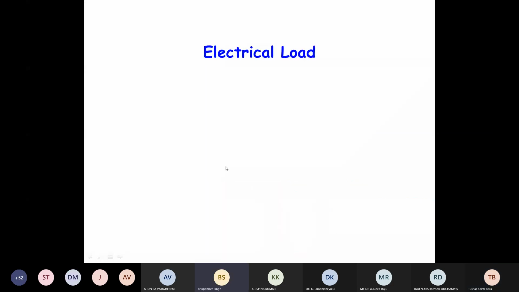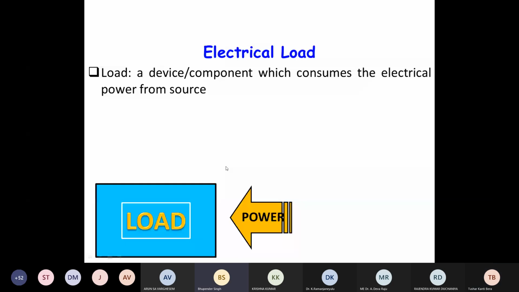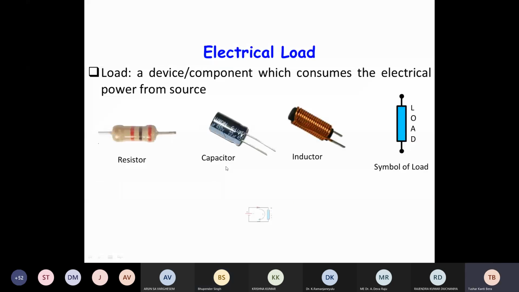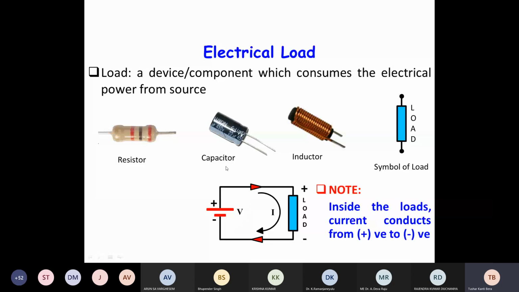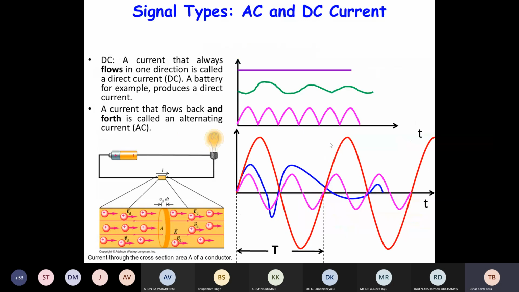And an electrical load is another component which has the property of absorbing electrical power. That means it will receive the electrical power from the source. Examples of loads are resistor, capacitor, inductor, and many more, or combinations of them.